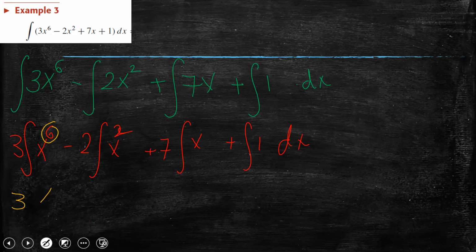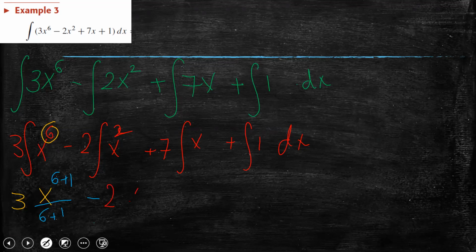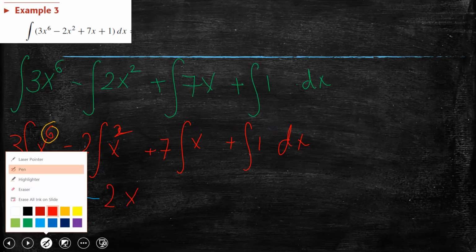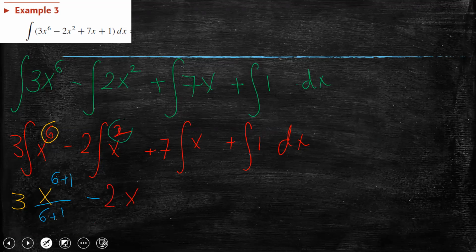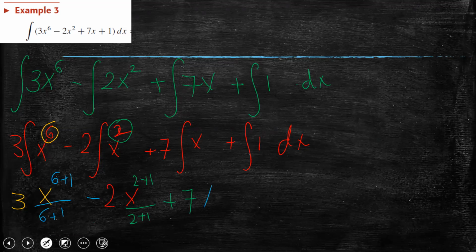So it is x to the power 6 plus 1 over 6 plus 1, minus 2x squared. Now here the exponent is what? It is 2, so I will add 1 over 2 plus 1, plus 7x.